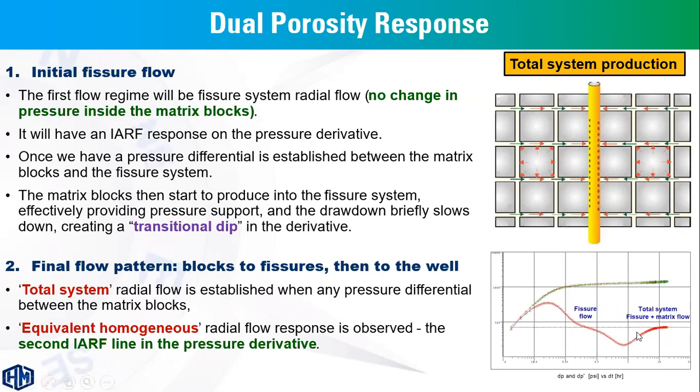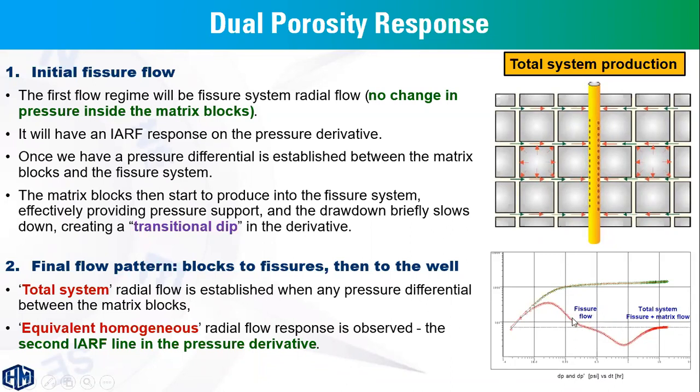After that, for the total system, we have fractures plus matrix flow. As you can see, the pressure derivative will stabilize at the same level, which means we have total system infinite acting radial flow, highlighted by the horizontal derivative at the level of the fracture flow.